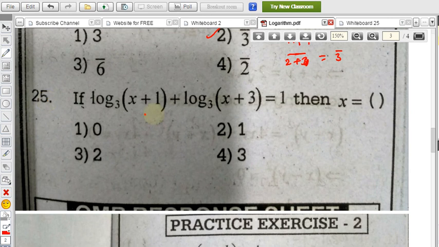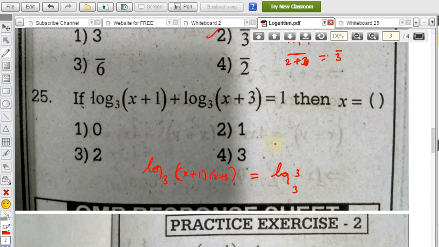Log x plus 1 to the base 3 plus log x plus 3 to the base 3 is equal to 1. So this also make it simple. Common log base 3 of x plus 1 into x plus 3 is equal to 1. So 1 we can write as log 3 to the base 3.